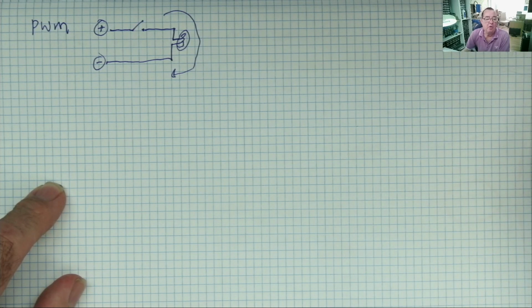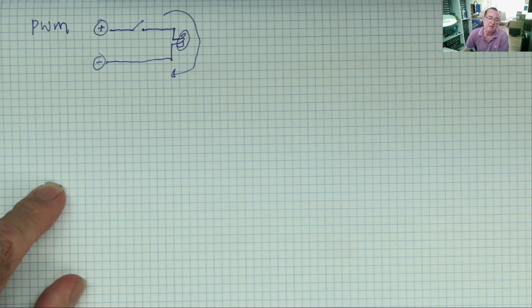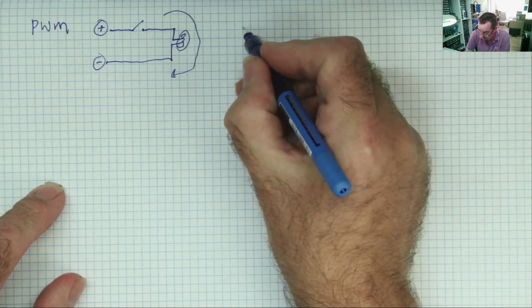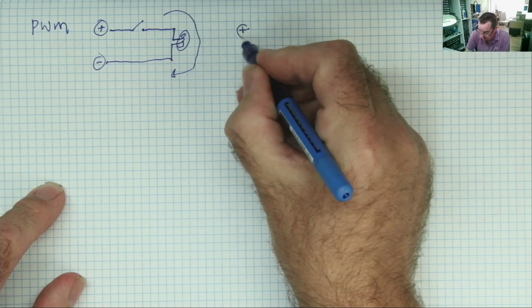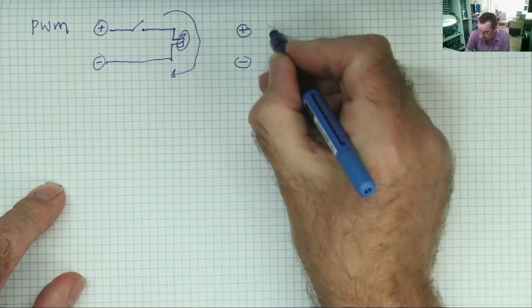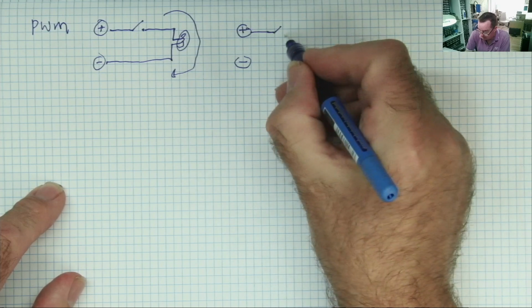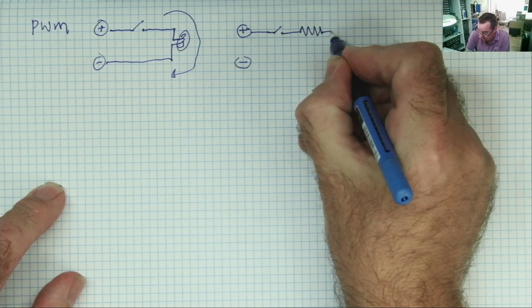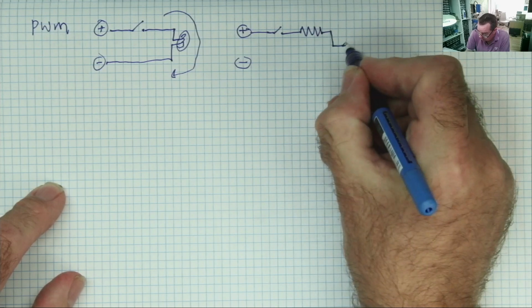Now what happens if we want to make our light bulb light up at half brightness? Well, what we could do is take the same circuit, again with our switch, and then a resistor and our light bulb.